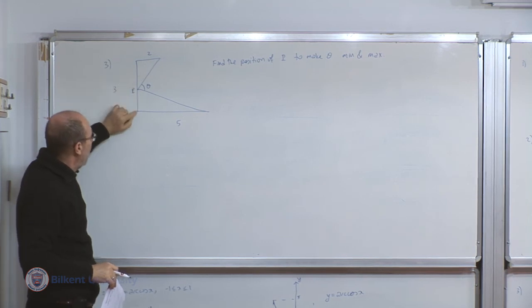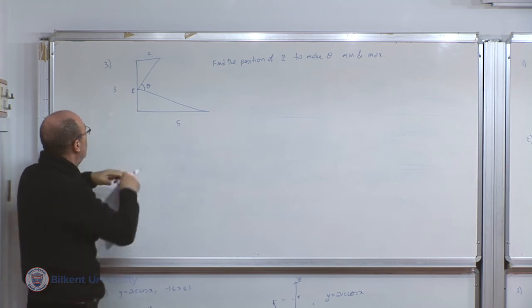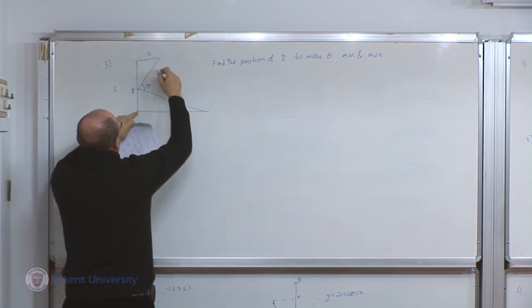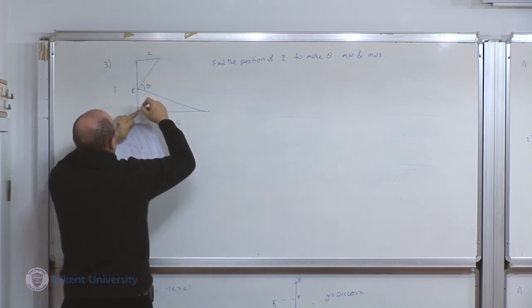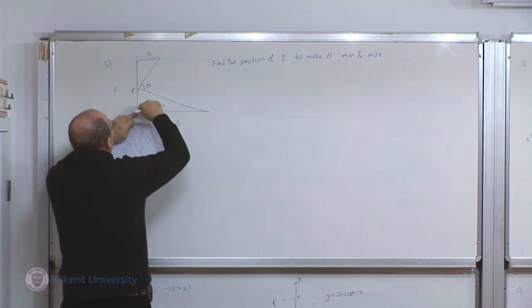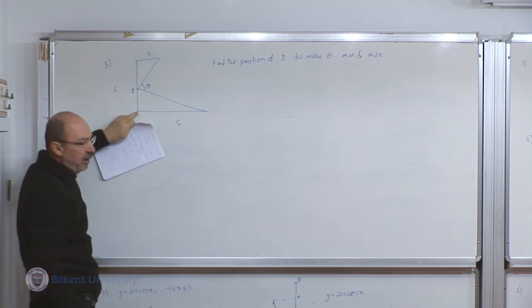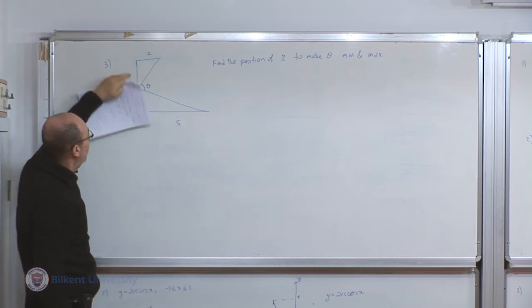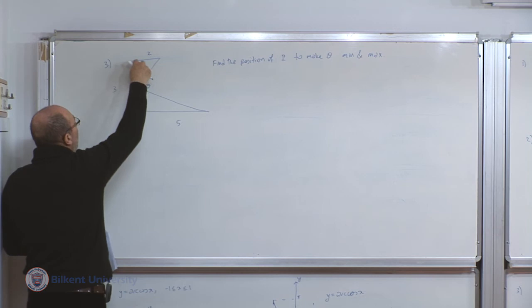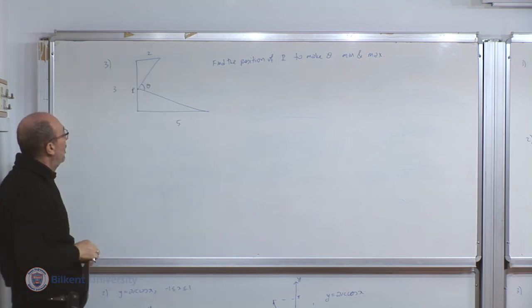When this P is at this point, I can easily calculate what theta is, because you see then I will be in this triangle, and what will happen to theta will be here. Okay, so I can find what that is. And similarly, if I'm up above, then theta will be 0, right?